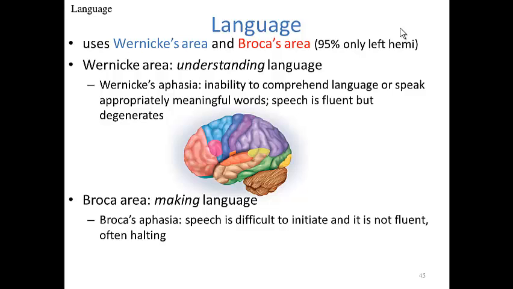You can ask them a simple question like, where do you work? And they'll pause and maybe say, and then eventually they might get out a one-word answer like school, right? So they are producing meaningful words, but it's very broken, it's not fluent, it's hard to initiate.